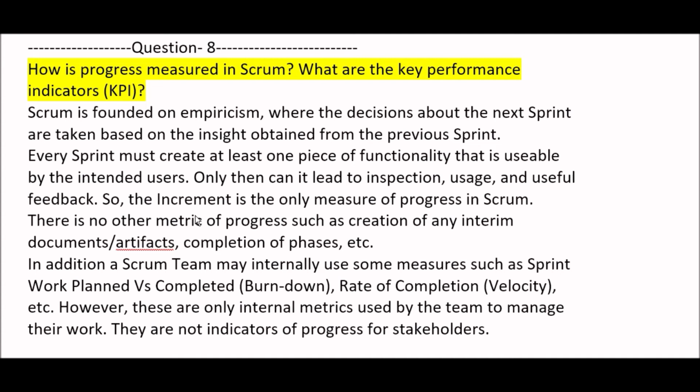So the increment is the only measure of progress in Scrum. There are no other metrics of progress such as creation of any interim documents, artifacts, completion of phases, etc. In addition, a Scrum team may internally use some measures such as sprint work planned versus completed, burndown, rate of completion, velocity, etc. However, these are only internal metrics used by the team to manage their work.